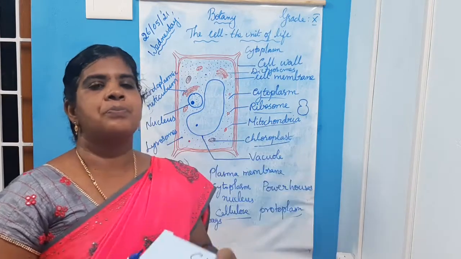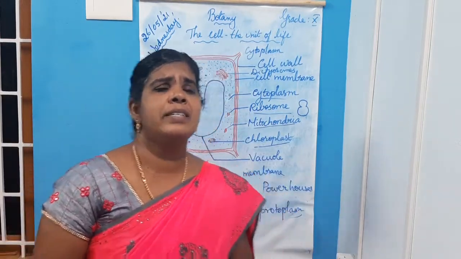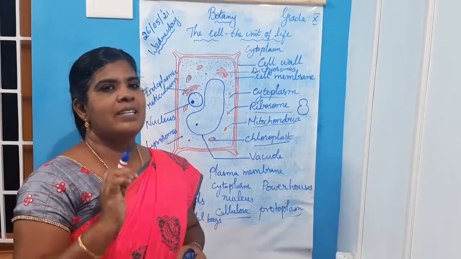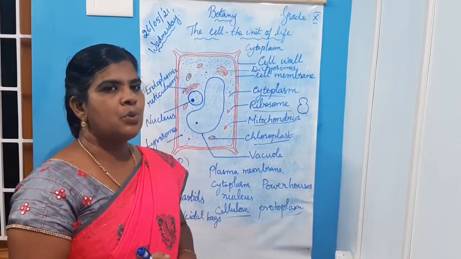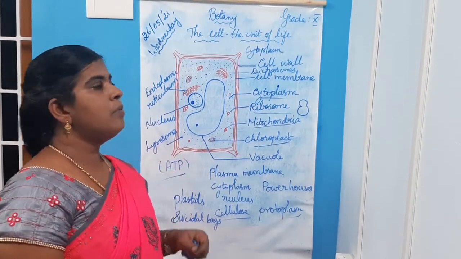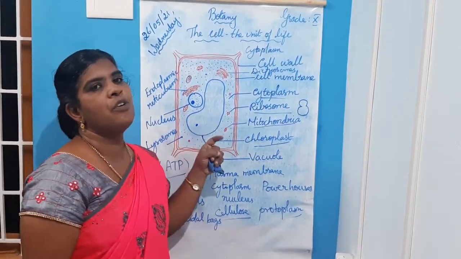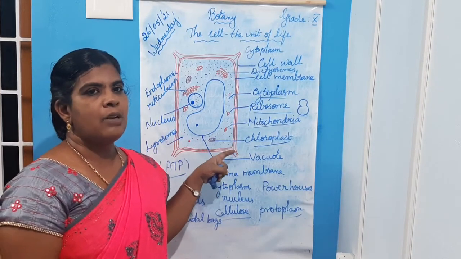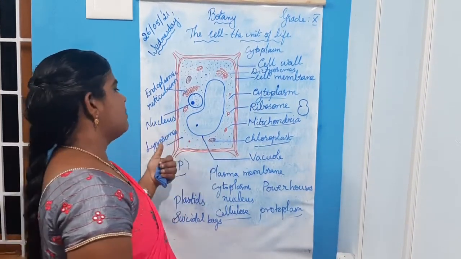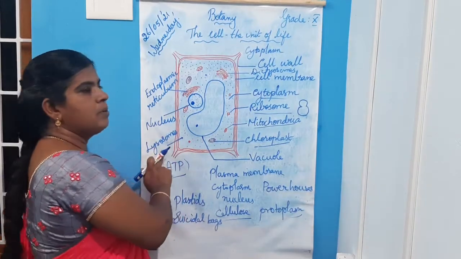Now, children, write in your notebook. Who discovered the cell? Robert Hooke. Name the outer covering of a plant cell: cell wall.